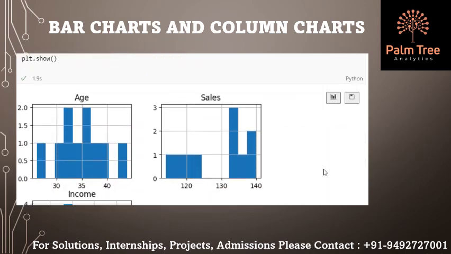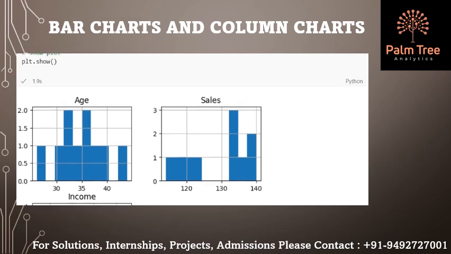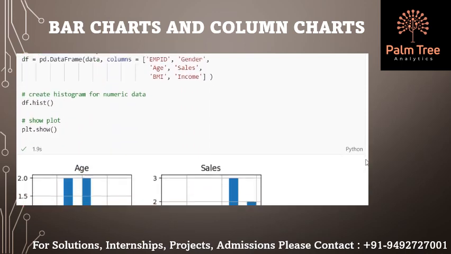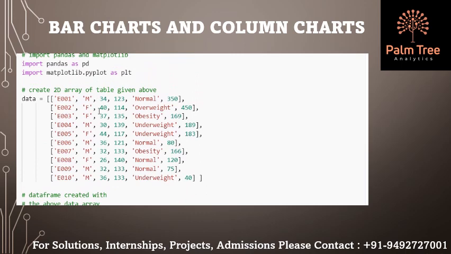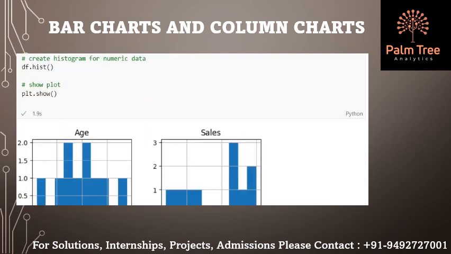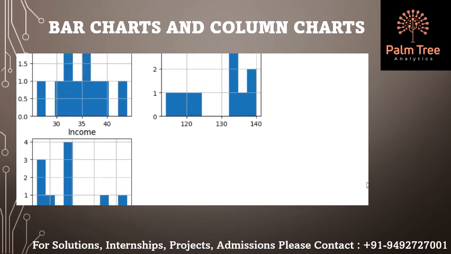So now we have age, sales, income. These three variables are shown, and the others are not shown. Age, sales and income are numeric, and the others are categorical variables. So that's why the categorical variables are not shown in this.